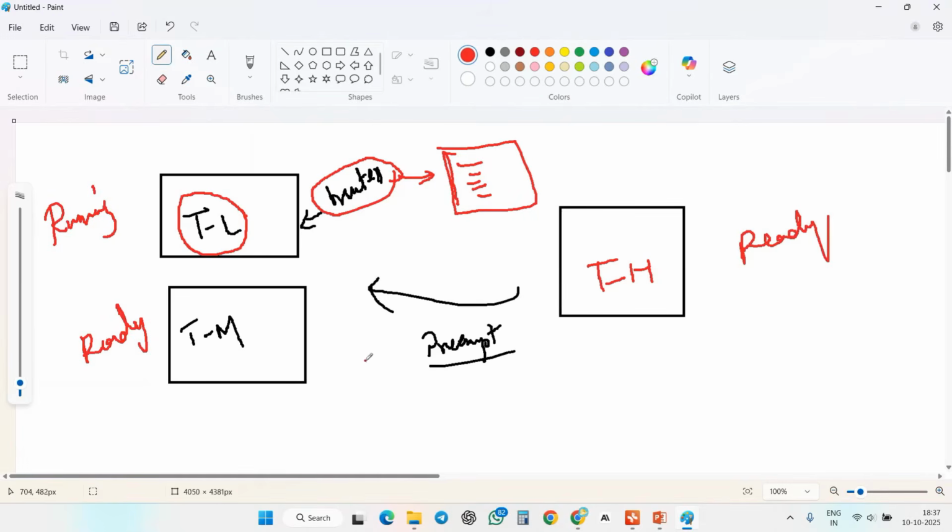When the lower priority task has completed, because it is just holding the mutex, it is trying to do all its tasks.